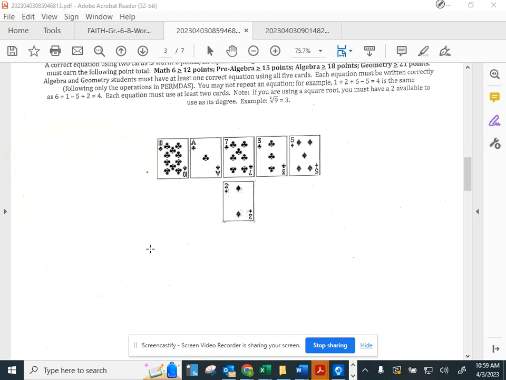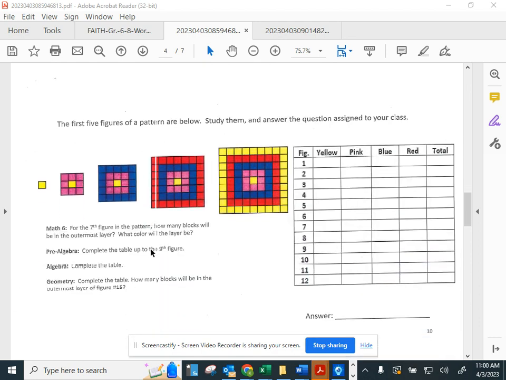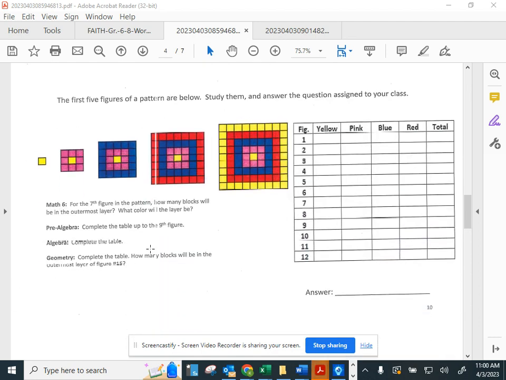Next page. It is our pattern block page. So it says, for the 7th figure in the pattern, how many blocks will there be in the outermost layer and what color will it be?